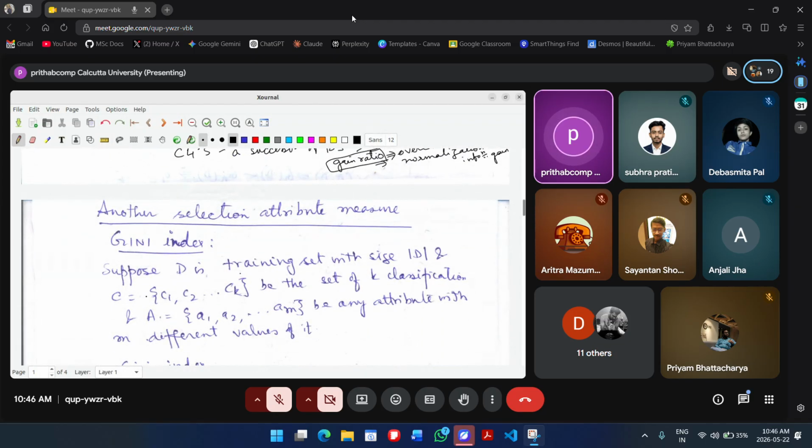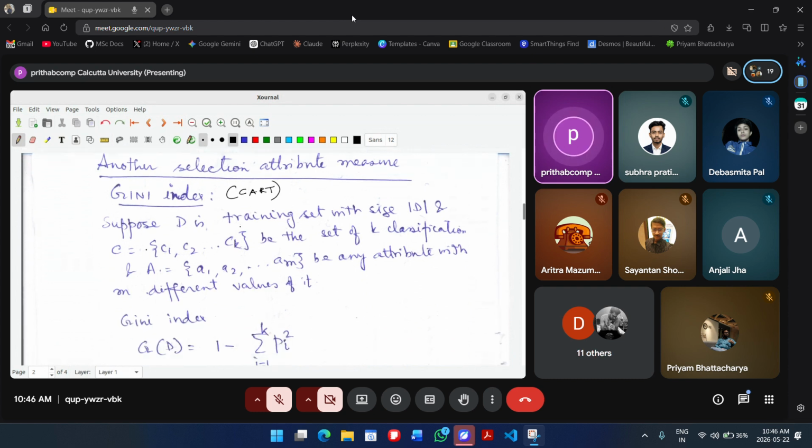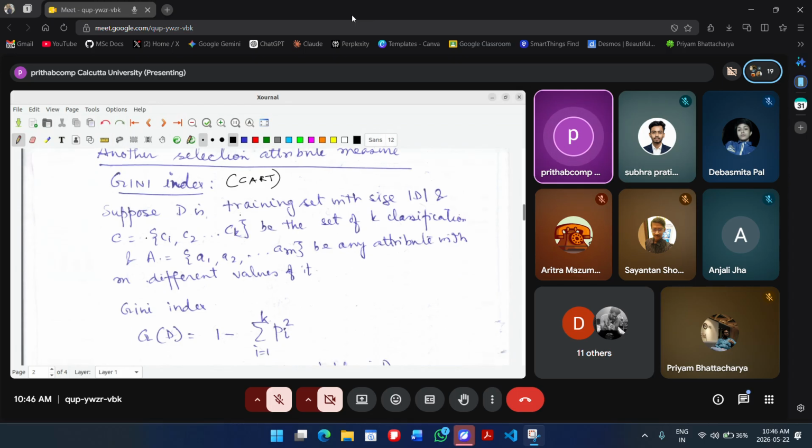This Gini index is used in the typical CART algorithm. Classification and regression tree is the full form of CART. So what is this Gini index about? Here again we are using the same setup that we used earlier.